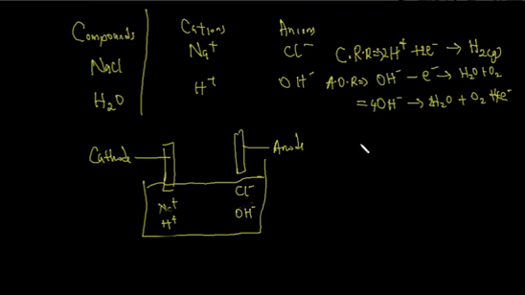Okay, let me re-explain. You have a charged particle on one side and neutral on the other side. This is neutral, there is no charge. And you want to find the number of electrons. Just multiply the number by the charge. 4 times 1 is 4. So that's that. Is it clear?